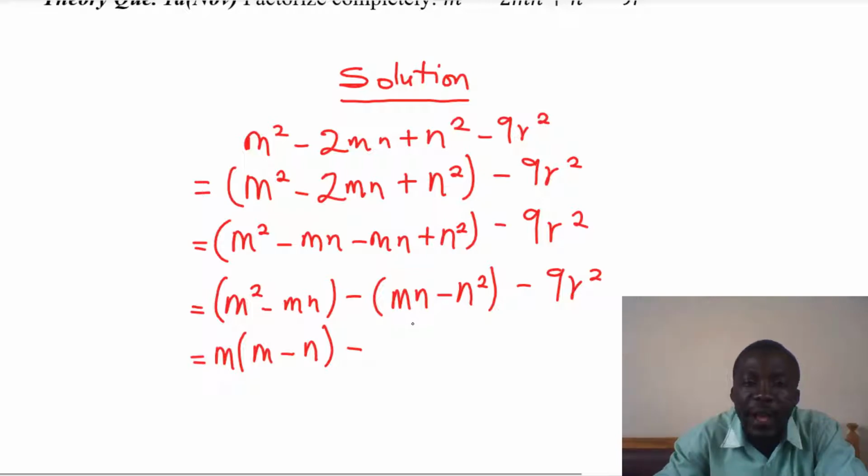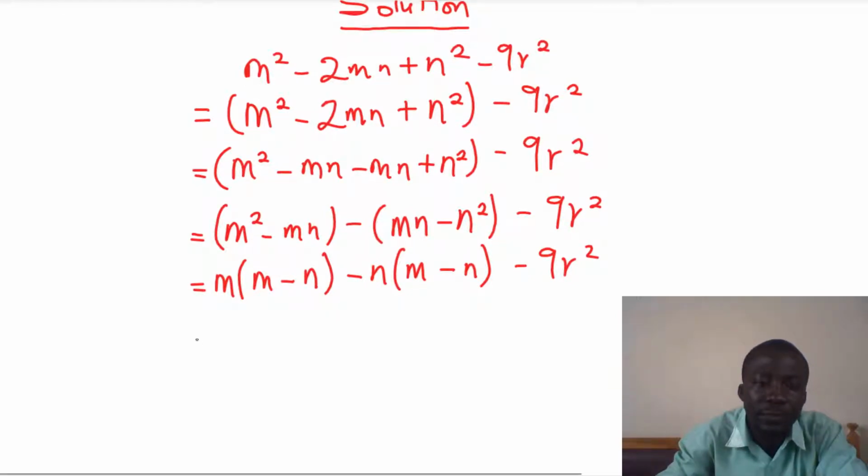Minus, now we have mn minus n squared. We can also factor n here. Then we'll be left with m minus n. So you can see that we have the contents of the bracket equal. So it suggests that we are doing the right thing.